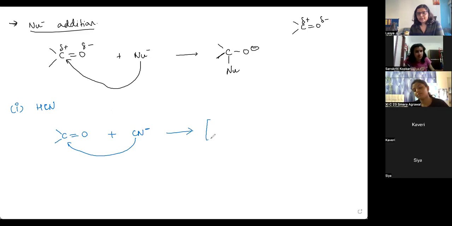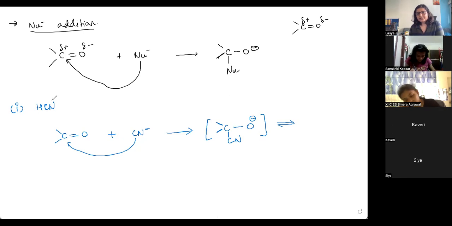So this will be your intermediate: carbon in the center, the two bonds as default, then CN is attached, and oxygen has a minus charge.